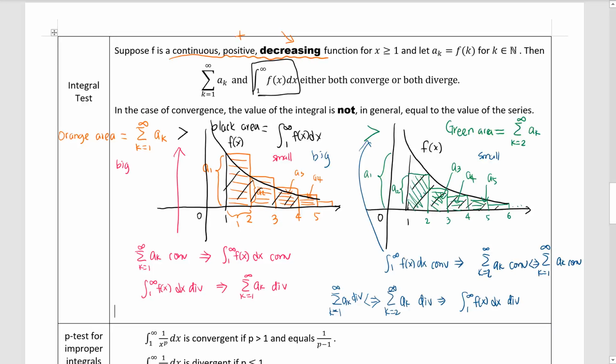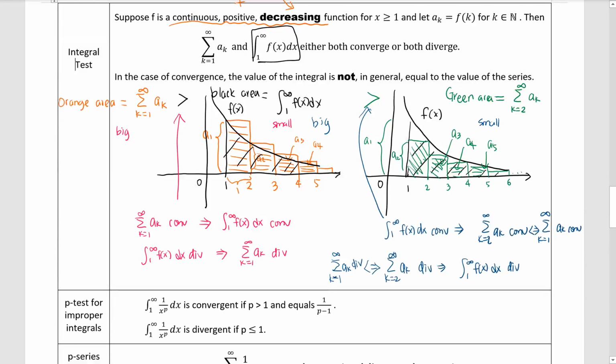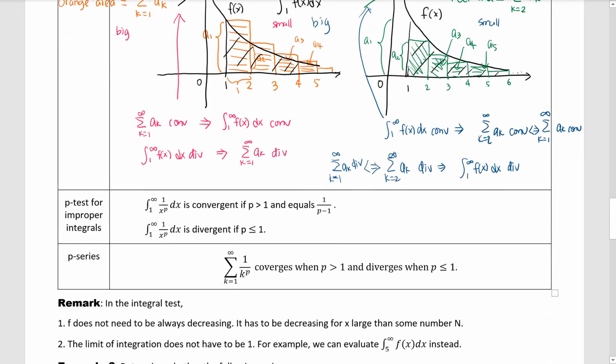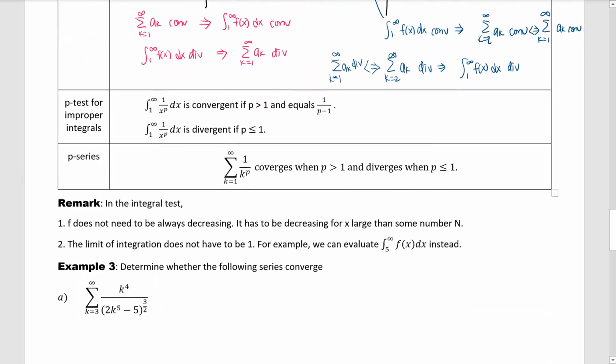So when do we use the integral test? We usually use the integral test when our series is comparable to a p series. Okay, so the p test. We have the p test for improper integrals.